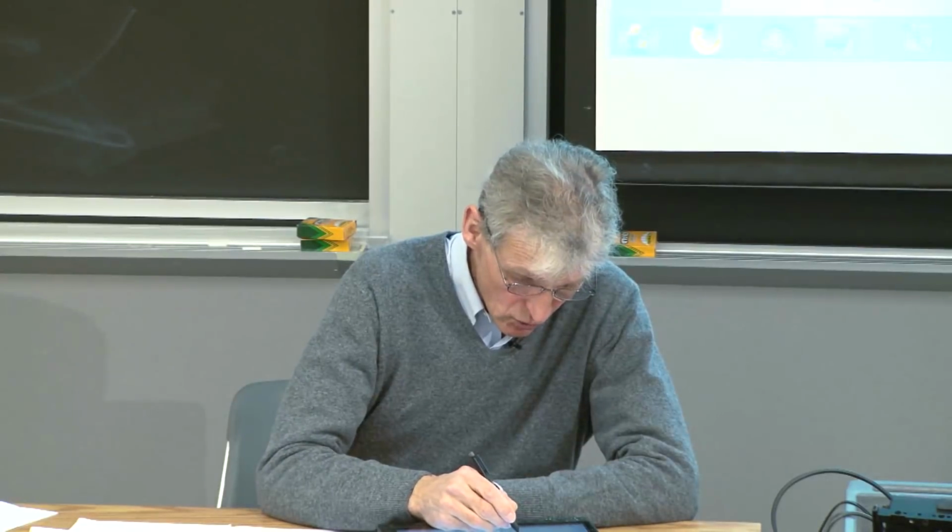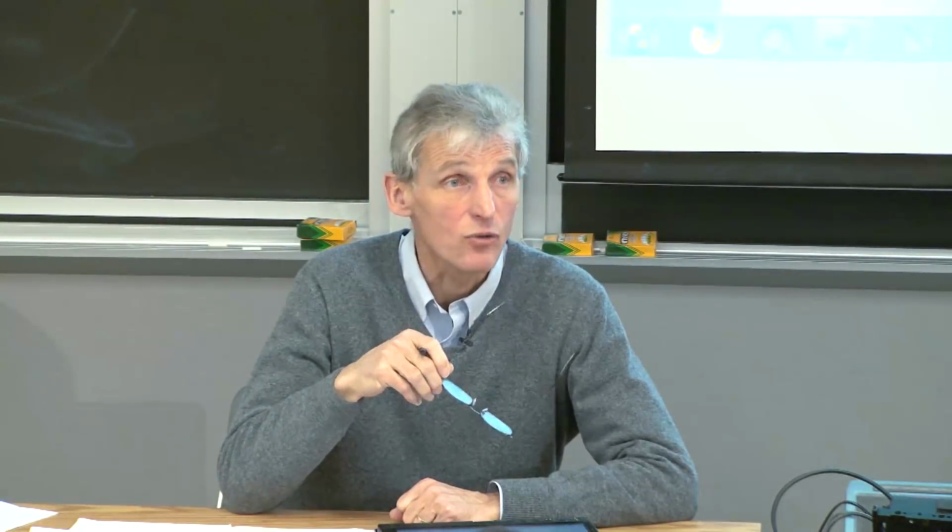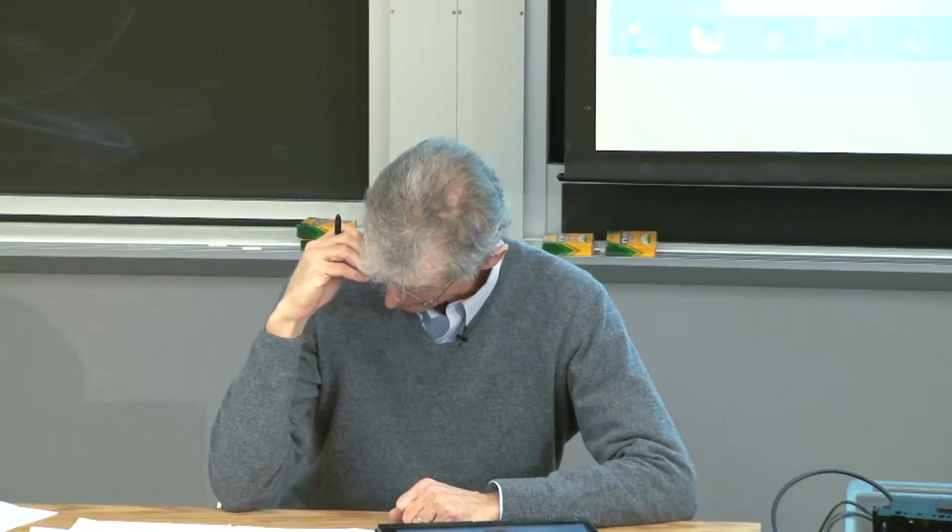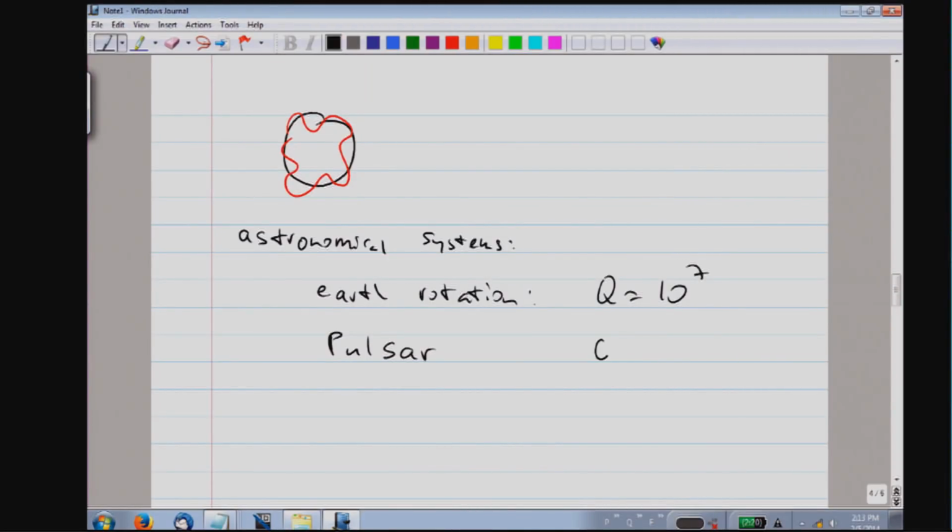You can also look at the rotation of neutron stars. If those neutron stars emit flashes of X-rays, these are pulsars, and you can measure the rotation of neutron stars. Those neutron stars have a quality factor of 10 to the 10.